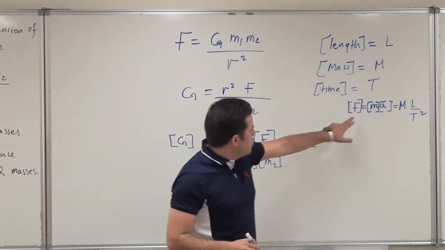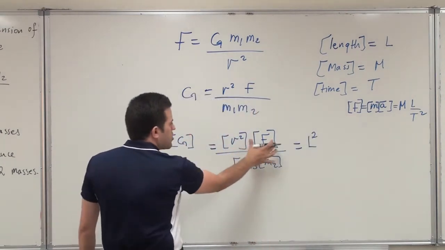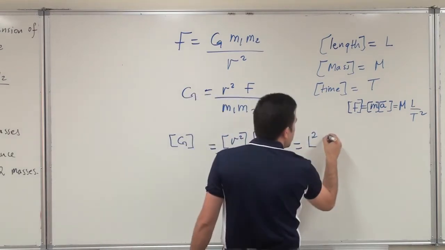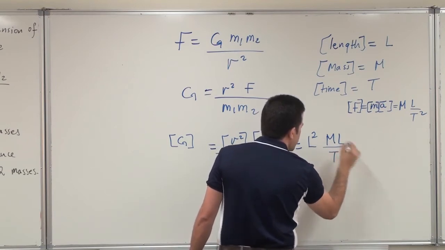Now I can substitute this dimension into my equation. So L square, and I substitute F here, so it will be M L over T square.